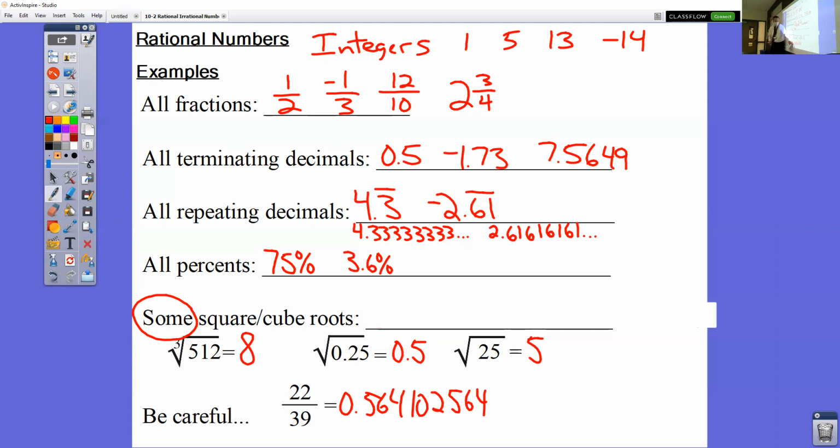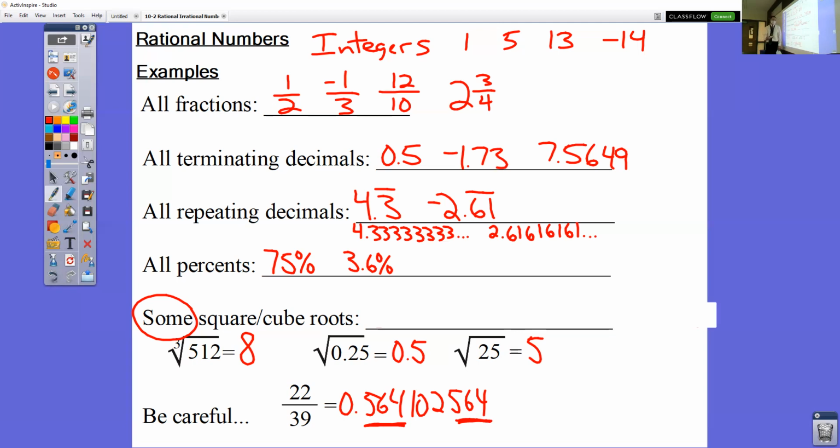Notice how it goes 0.564102, but then it starts going 564 again. You have to, on these calculators, make some assumptions, right? The calculators are limited to only putting 9 numbers after the decimal point. You have to sort of look and see, hey, it's going 5, 6, 4 at the beginning, and then all of a sudden it starts going 5, 6, 4 again.